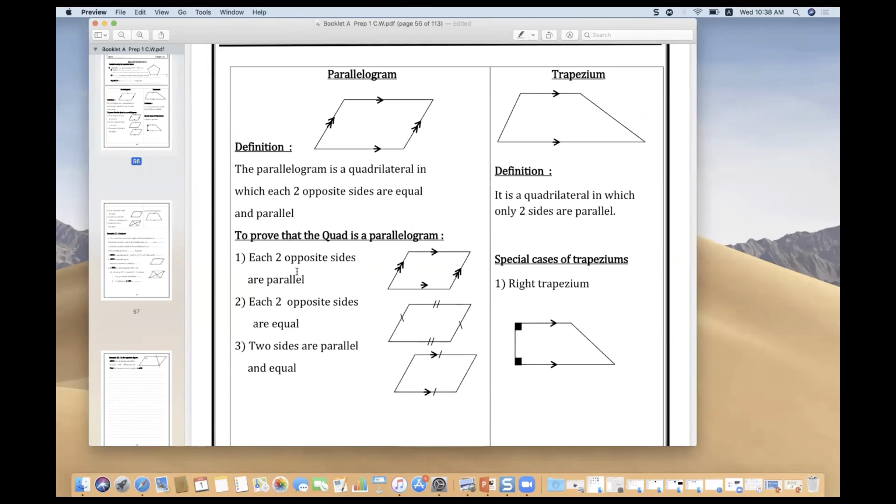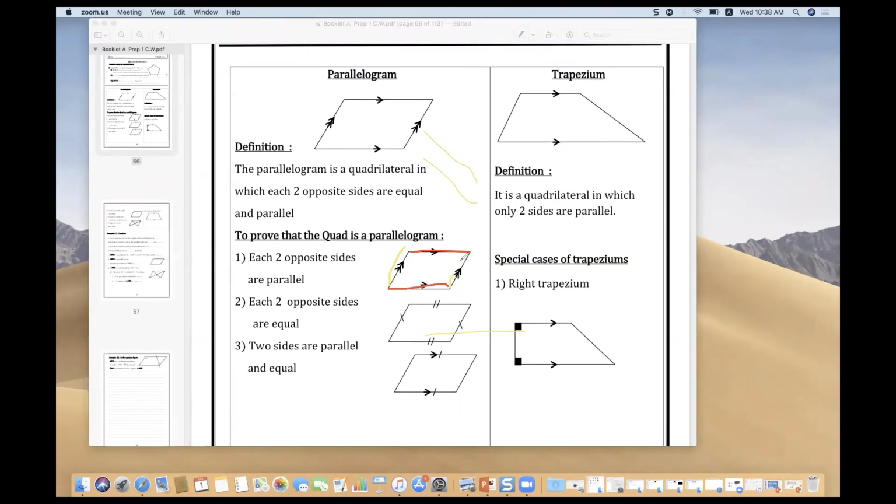Each two opposite angles are equal. Each two consecutive or adjacent angles supplementary, and the last one, if the diagonals bisect each other. Okay, again, Ms. Rahab, please. Each two opposite sides are parallel.